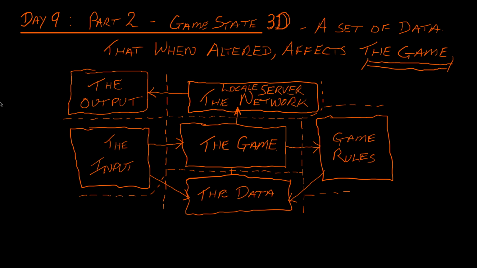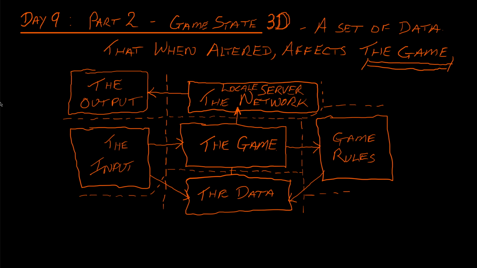The game and the game rules can make choices, but the network and the local server are the final stamp of approval. If they say something can happen, it can happen. If it says no to any of the data, then it's not going to happen. And that is how you can flow the data.